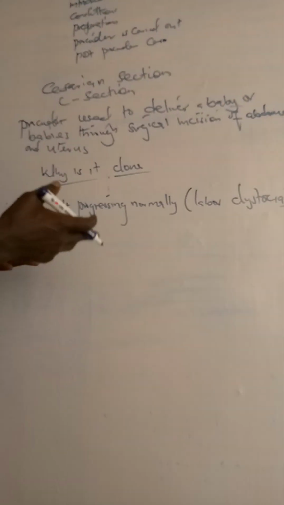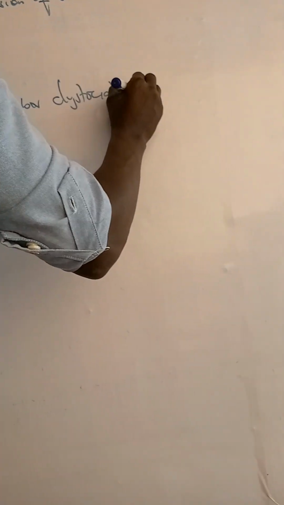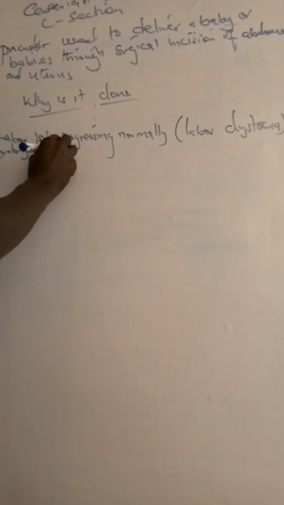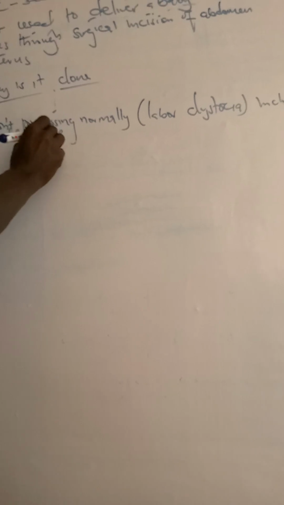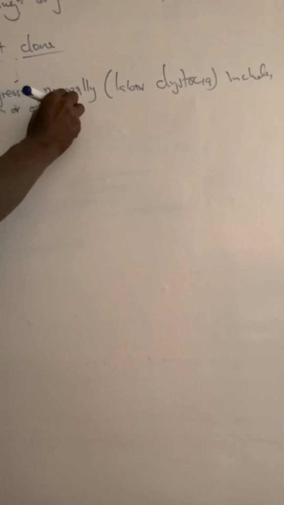Labor dystocia includes prolonged first stage, which includes prolonged dilation or opening of the cervix.